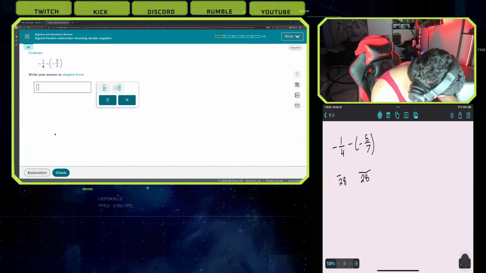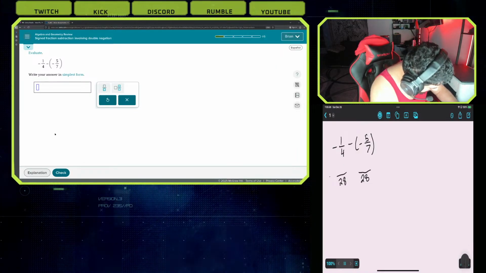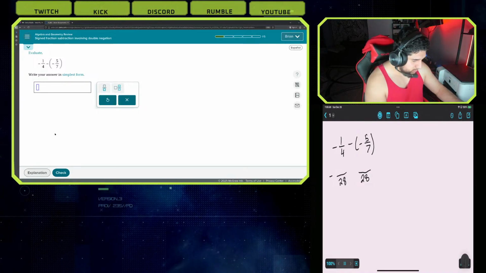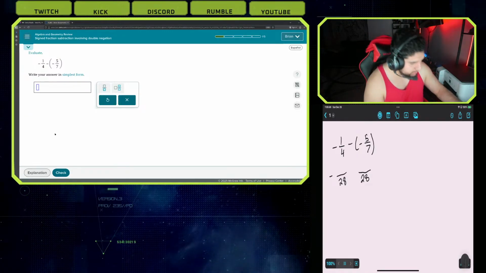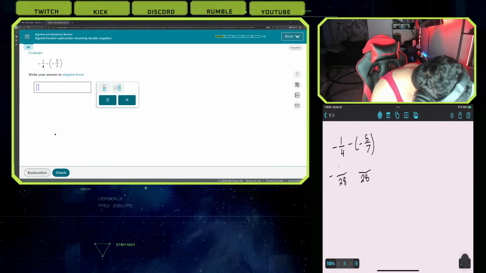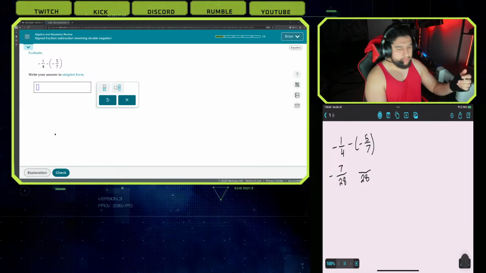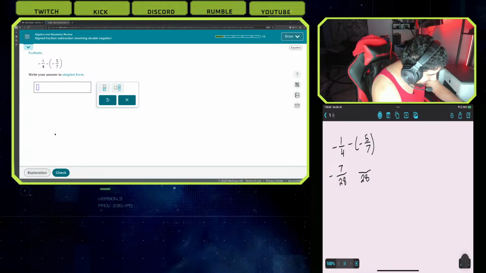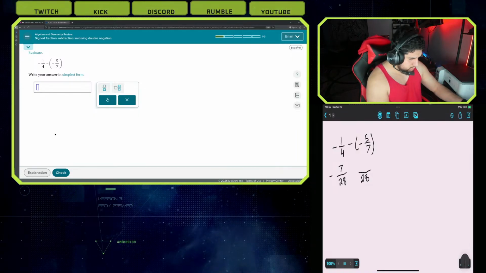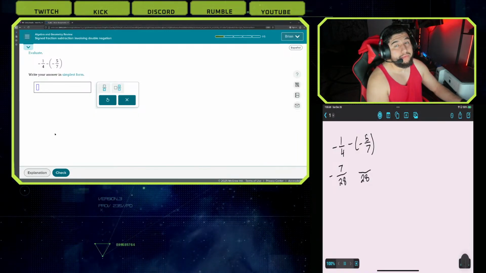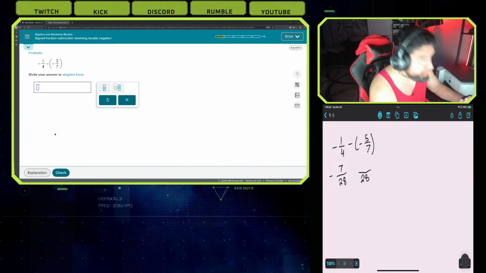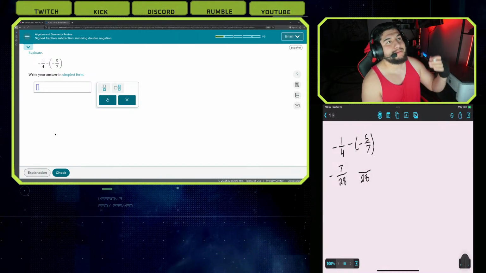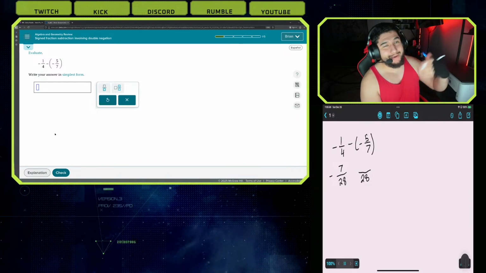All right, now we're back on track. Move the negative down. We got 4 to equal 28 by multiplying it by 7. We multiplied the 1 by 7. That equals 7. All right. We multiplied the 7 by 4 to get to 28. So we multiply the top by 4. 5 times 4 equals 20.